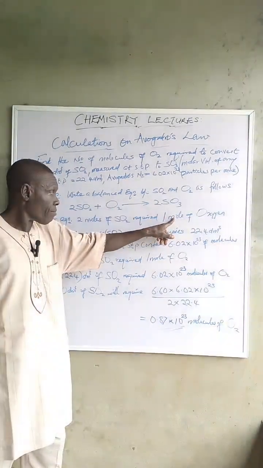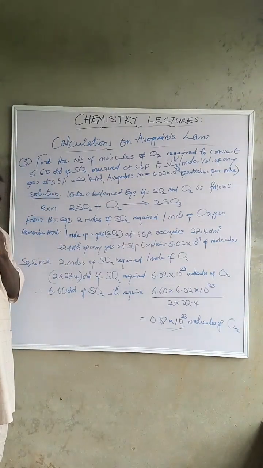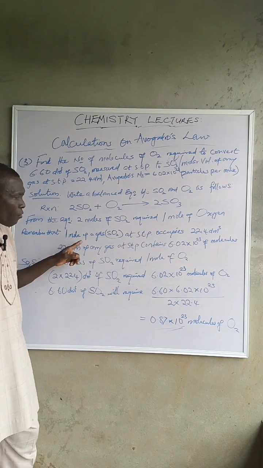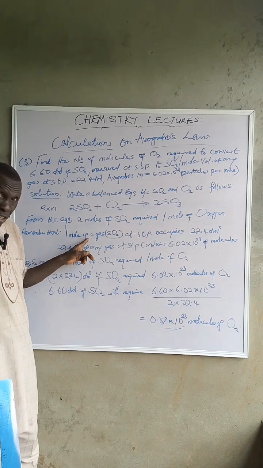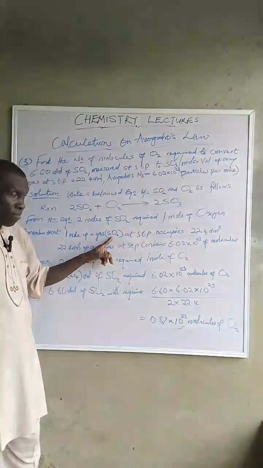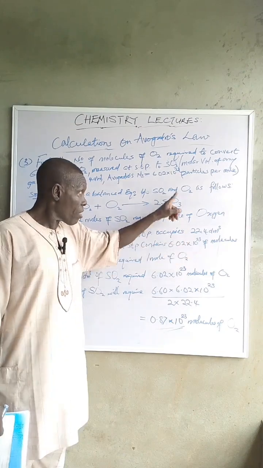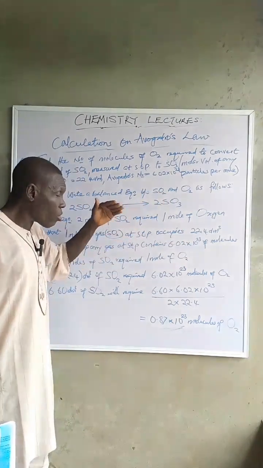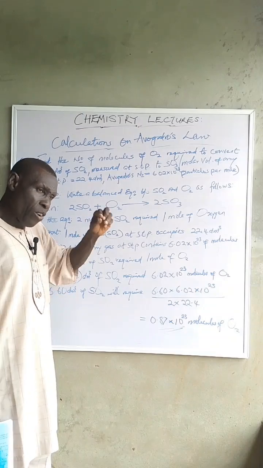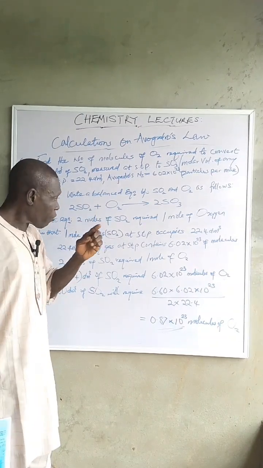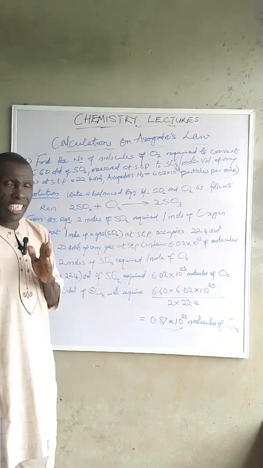Now remember that 1 mole of a gas, and the gas we are talking about now is sulfur 4 oxide, at STP will occupy what? 22.4. It is already given to us that a mole of a gas at STP occupies the volume of 22.4. That's already a known statement. It's a constant.